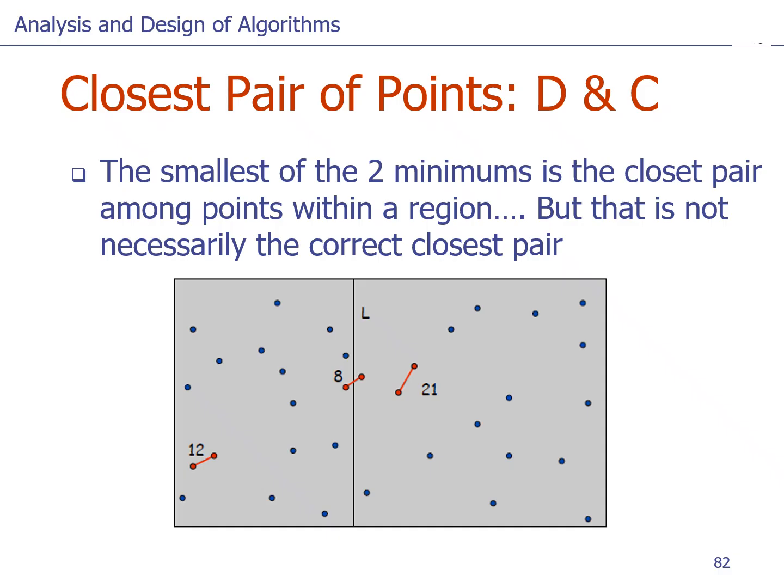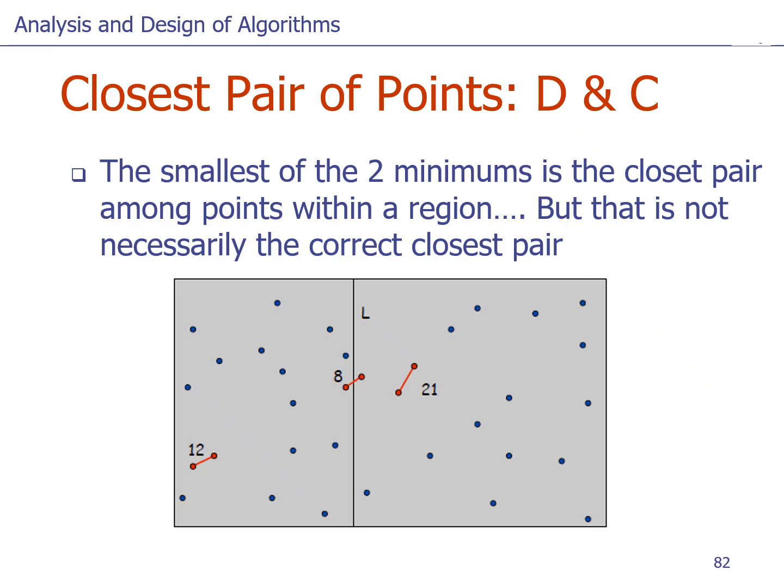What I have done is split my map into two smaller maps, and I work on every half or submap separately. So I worked on the left alone, and I worked on the right alone, searching for the minimum. I have found that the minimum is 12 on the left, the minimum is 21 on the right. But none of my computations considered the case where the pair is on both sides.